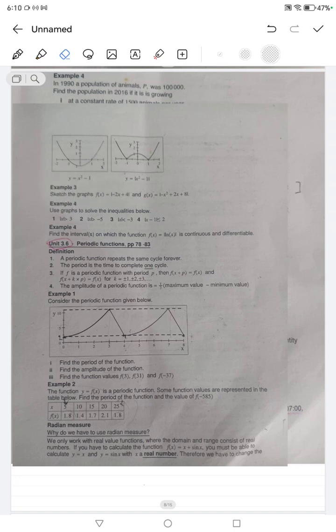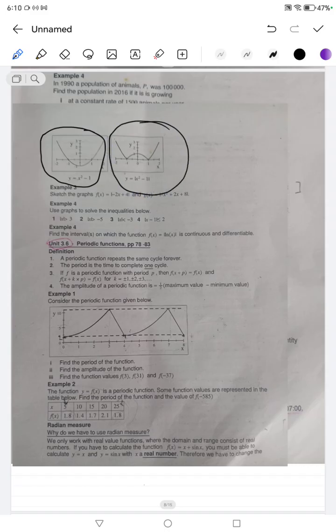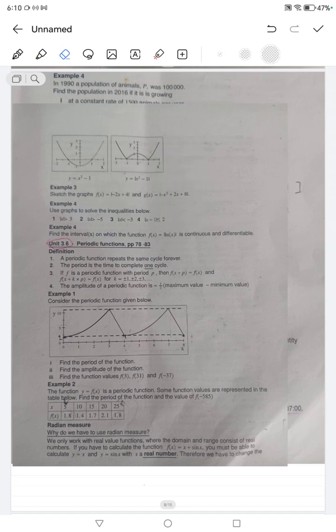Try to look at the difference between this one and that one. This is a normal graph of a parabola, but this is an absolute graph of it. You see exactly what happened in this region.